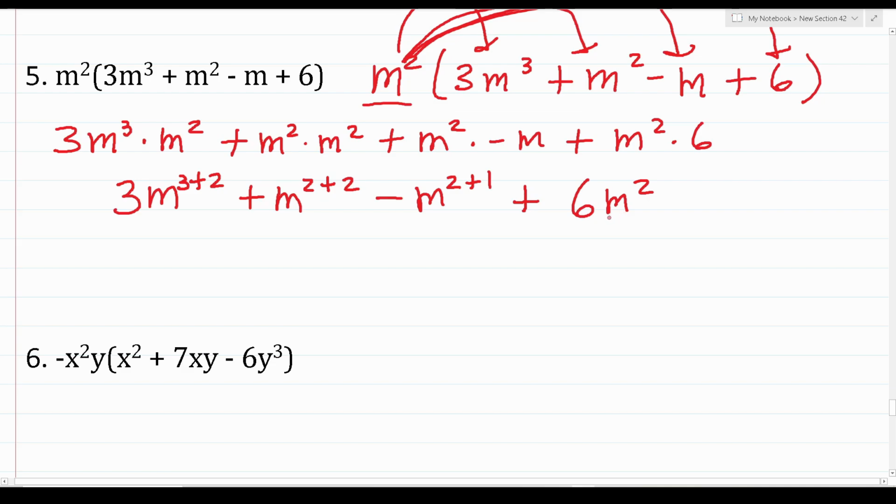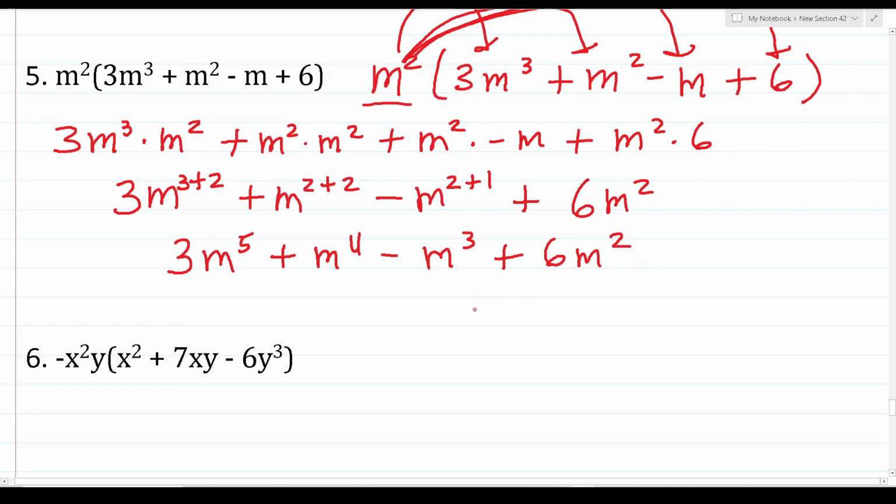All right, let's go ahead and simplify this now. So we have 3m to the 5th plus m to the 4th minus m to the 3rd plus 6m squared. And you should notice this.